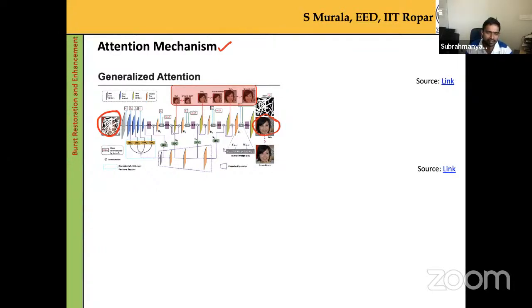So here we are providing the locations where we need to restore or inpaint the information. Using a deep learning algorithm, we generate the output.